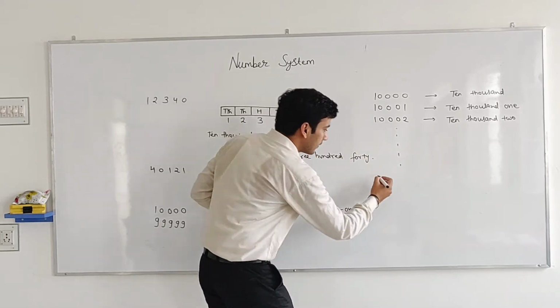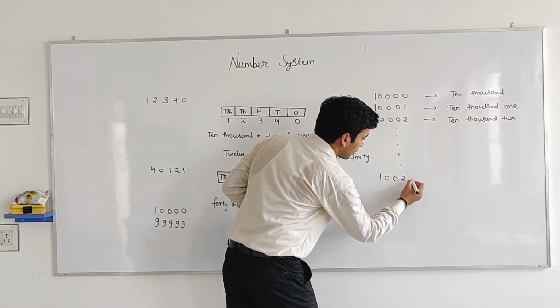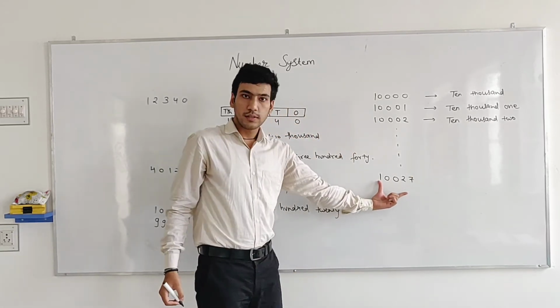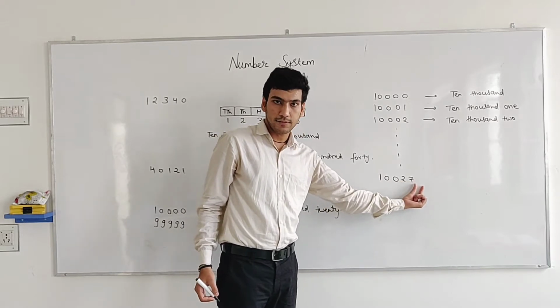Now, if I am writing this, now what is this? This is 10,027.